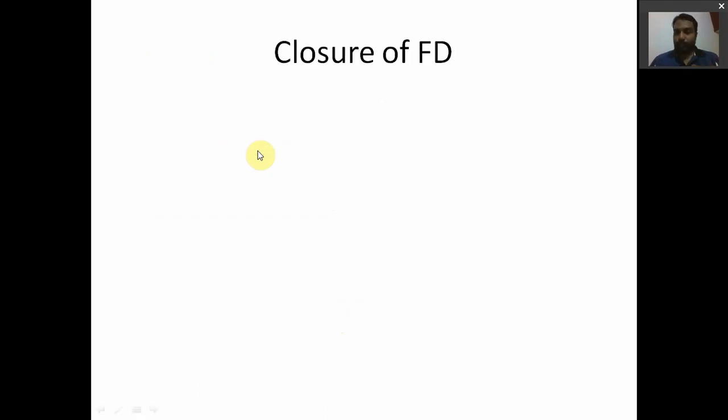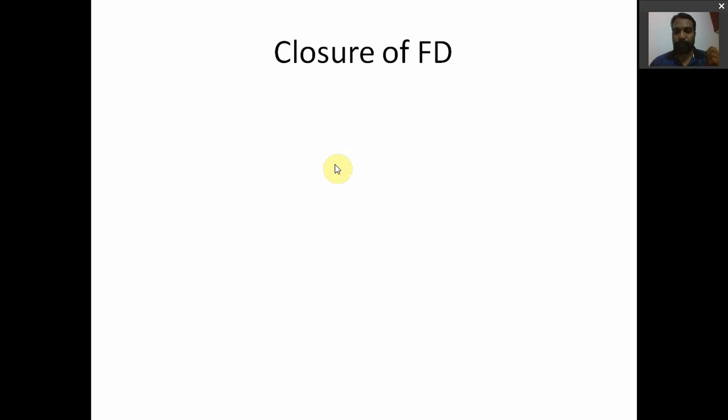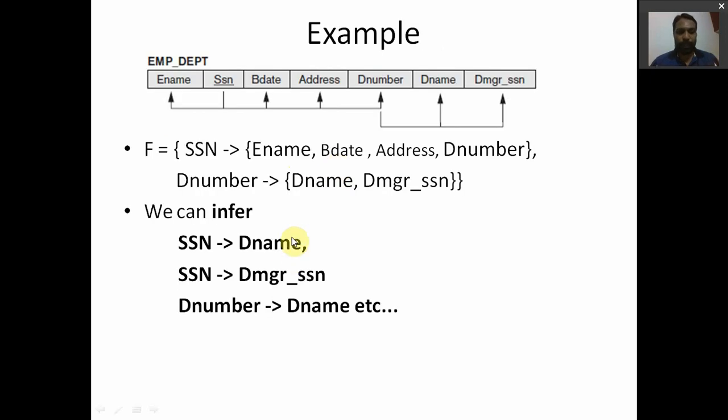So closure. The closure of a set F of functional dependencies is denoted using F plus. It is a set of all functional dependencies that can be inferred from F. So we have inferred only 3 functional dependencies. Like that, there may be 15 or 20 functional dependencies that can be inferred from this set.